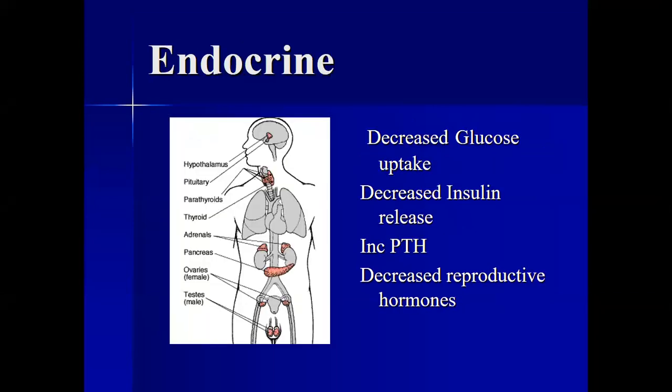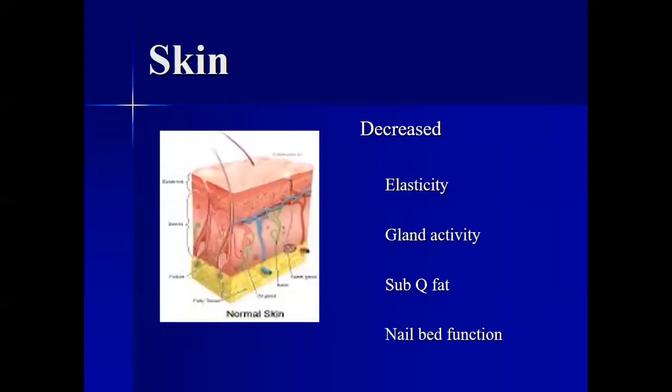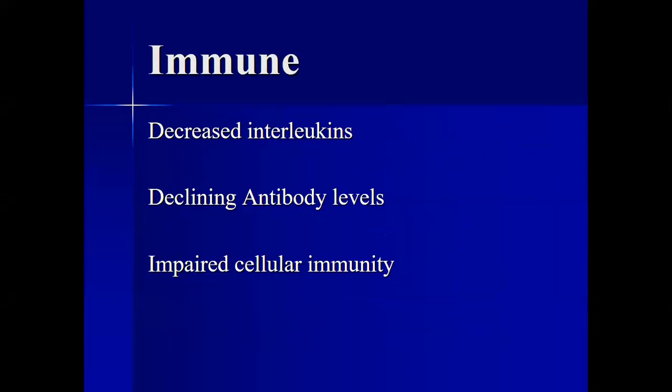In endocrinology, if you observe, there is decreased glucose uptake, increased insulin resistance, increased PTH, and decreased reproductive hormones. Skin is getting thinner, with loss of elasticity and subcutaneous fat. Immune system, we have discussed that these patients are relatively more immunocompromised, because of decreased interleukins, declining antibody levels, and impaired cellular immunity, so their immune response is weaker.